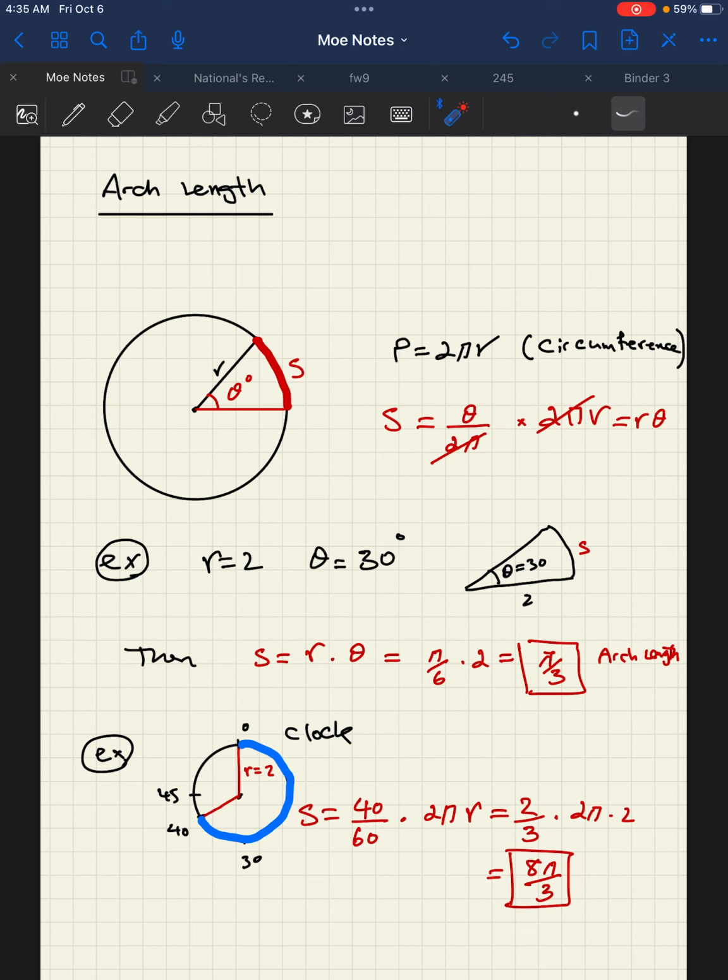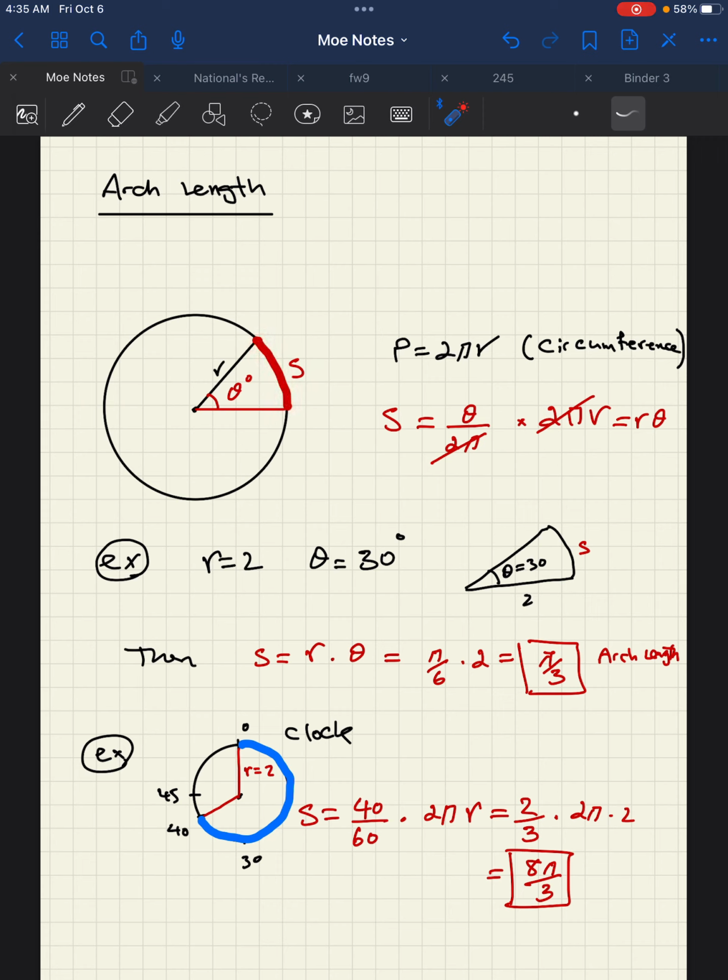So you could say that this amount is theta divided by 2 pi, because 2 pi is the full circle, theta is just that much of it. So this is the ratio that you need to have. So it's theta divided by 2 pi times the circumference. That would give you this arc length.